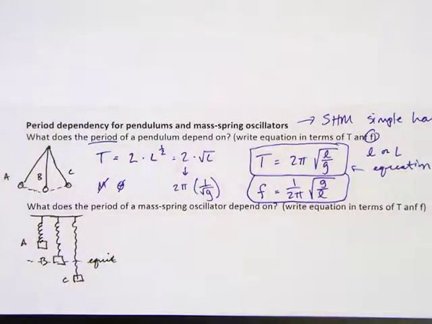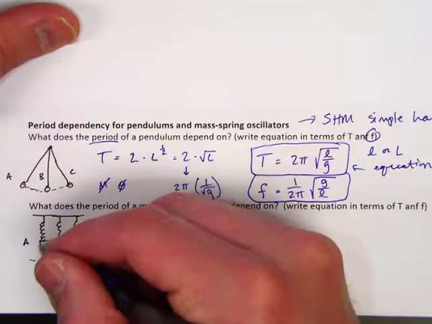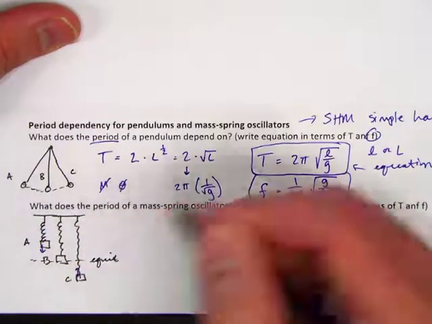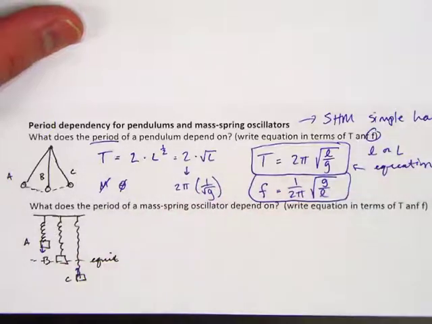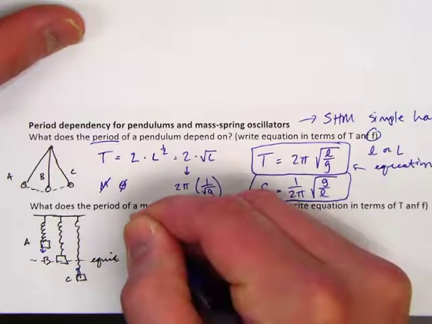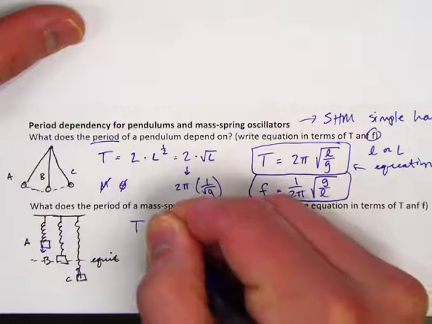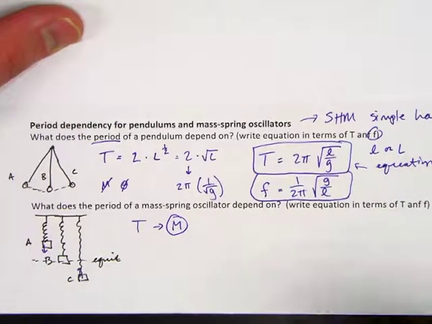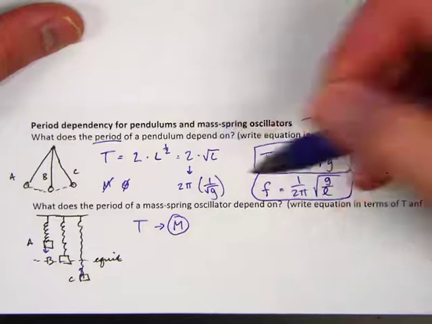Now, this mass spring oscillator is similar. When we allow this to oscillate back and forth, there's always a net force restoring it back towards equilibrium. And we see that this period is dependent on mass, which is different from the pendulum.